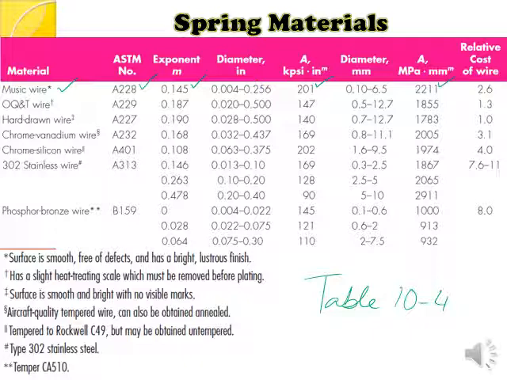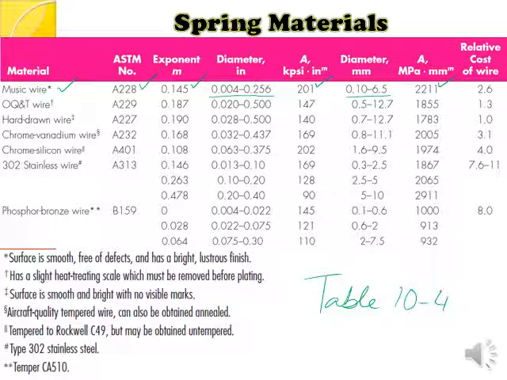The diameter in which the wire is available ranges from this to this in inch. Let me give you an example. If I choose the music wire, it means I'm choosing A228, music wire A228.